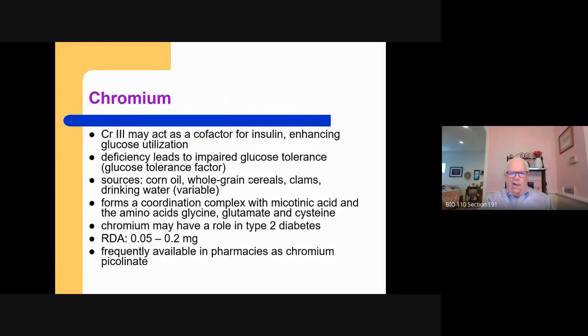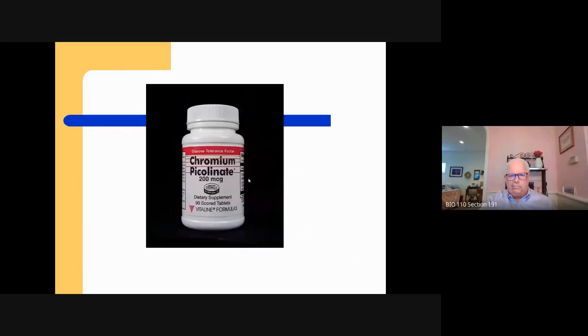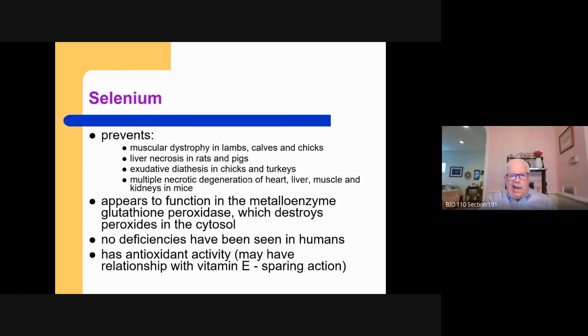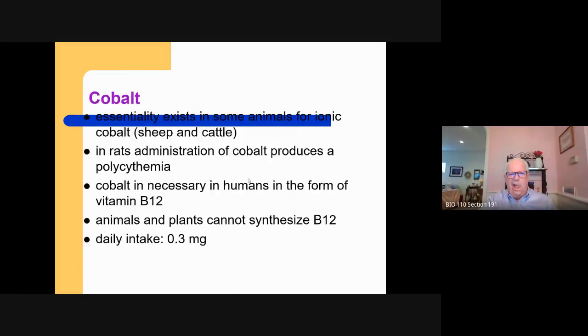Chromium is also involved in the production of insulin and the glucose getting into your cell, but I'm not going to ask you any questions on it. Selenium is another antioxidant that I'm not going to ask you any questions on.